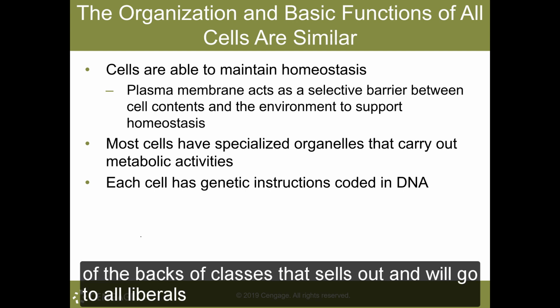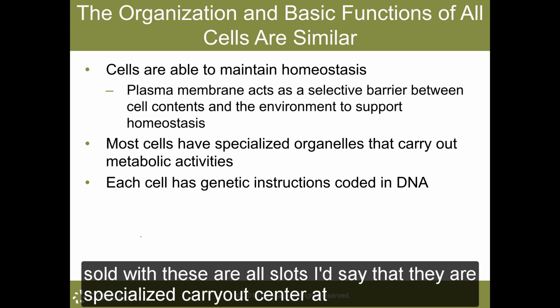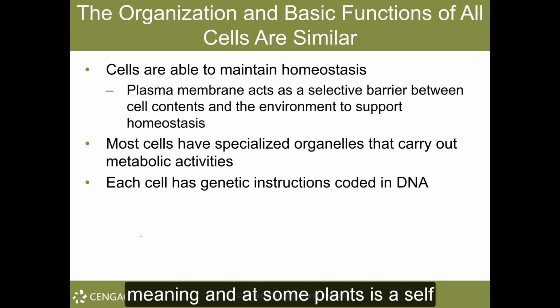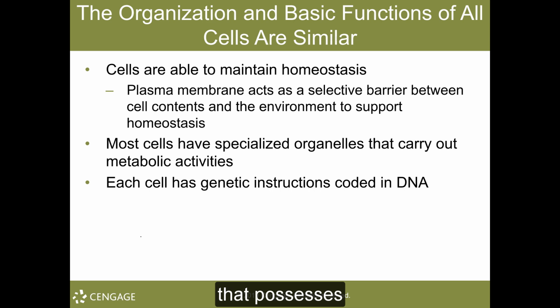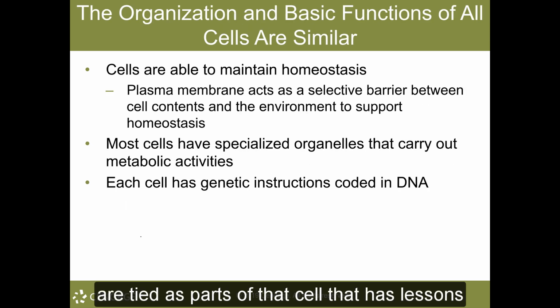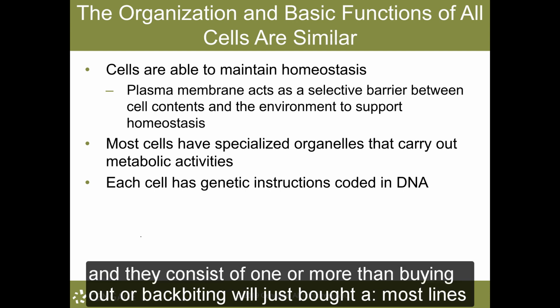I'll continue. Next up, class, is that cells have internal structures called organelles. With these organelles, class, I'm stating that they are specialized to carry out cellular activities. Most of the organelles of eukaryotic cells, meaning a eukaryotic cell, class, is a cell that possesses, I repeat, a nucleus, consist of one or more membrane-bound or membrane-enclosed compartments.